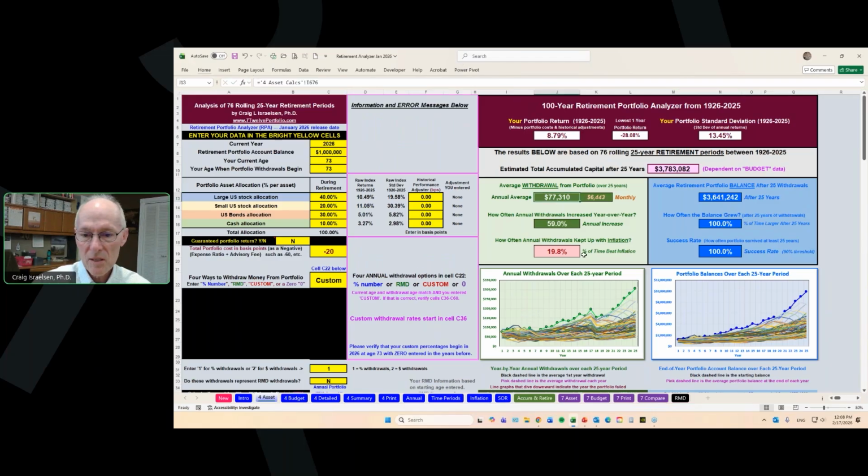The average withdrawal is about 77,000. And here's the flow. This is all 76 different people, so to speak, and their experience of withdrawals. Then you have their balances over here in the blue graph, and they're generally growing. In fact, they're always growing. 100% of the time, it grew. The portfolio grew. The average ending balance, 3.6 million.